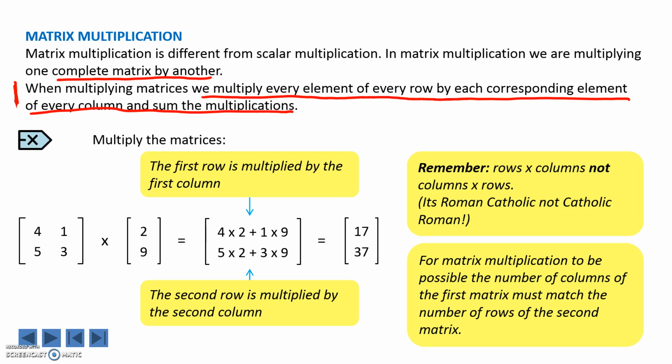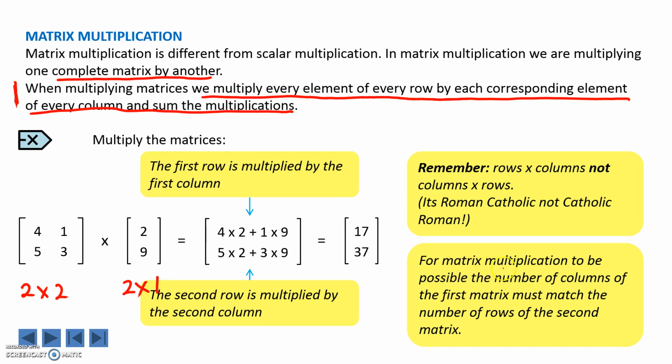So, multiplying the matrices. We've got a matrix with 2 rows and 2 columns, so it's a 2 by 2. We've also got a matrix which is 2 rows by 1 column.